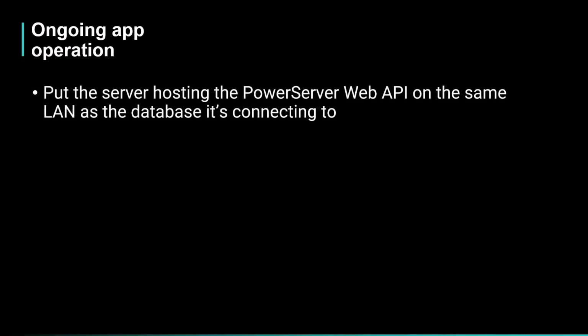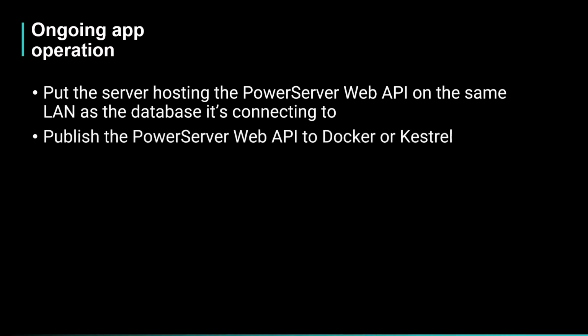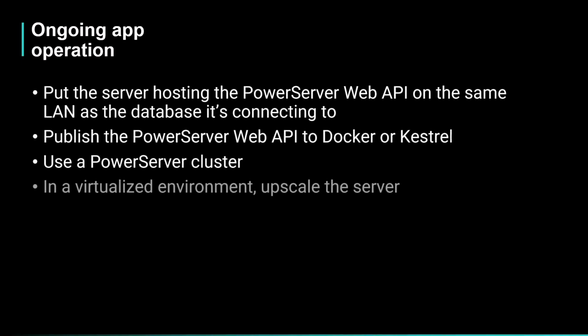Okay, some more things for ongoing app operations. Once again, this is the idea of keeping things local, at least as far as the database. I mentioned earlier, if you've got intensive database operations, move it as close to the database as you can.